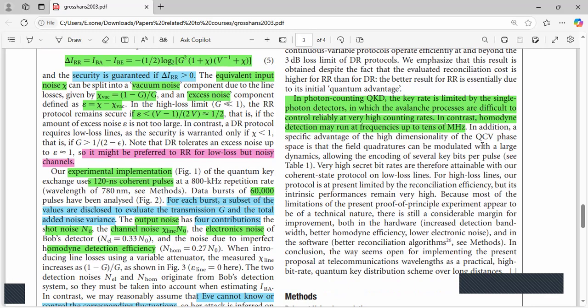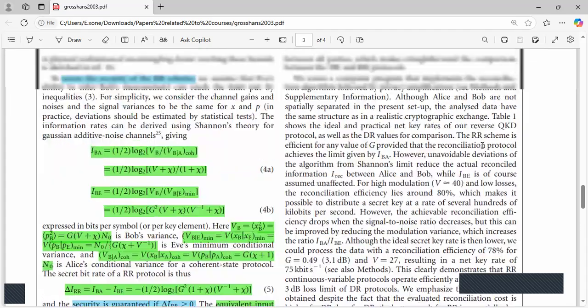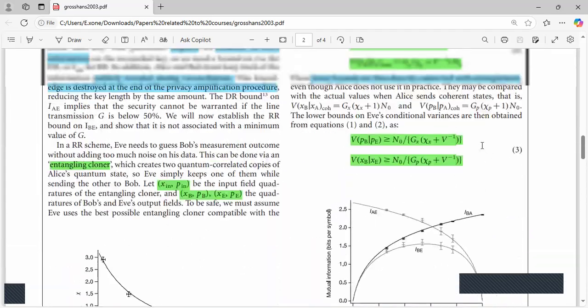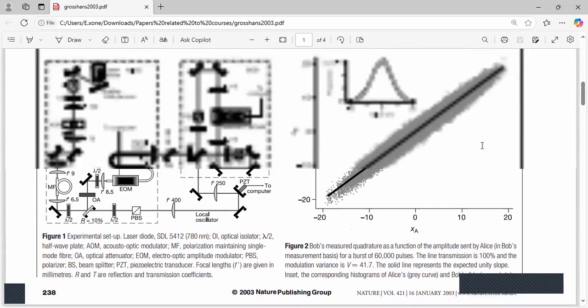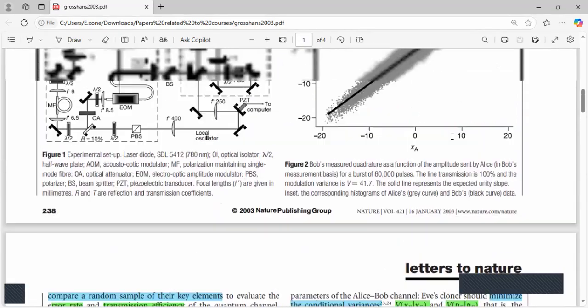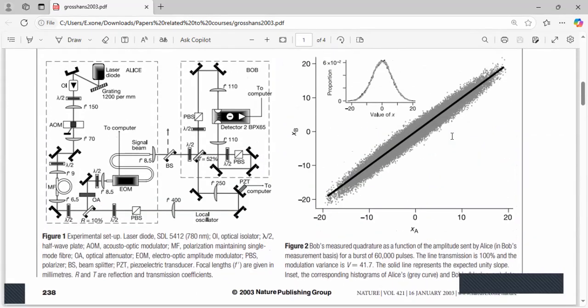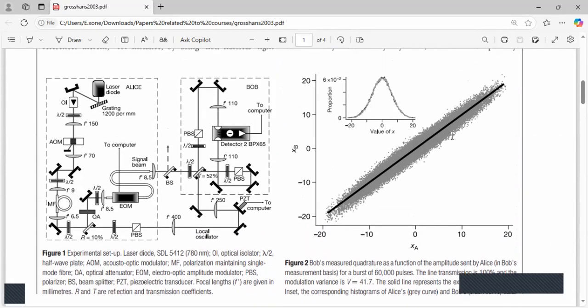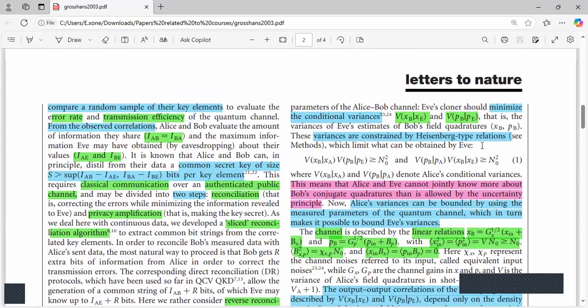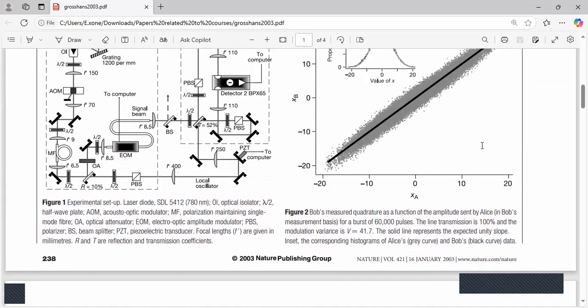They have shown us in some figures the experimental setup and some relationship between the quadrature values of Alice and Bob. That is the direct relationship between them.